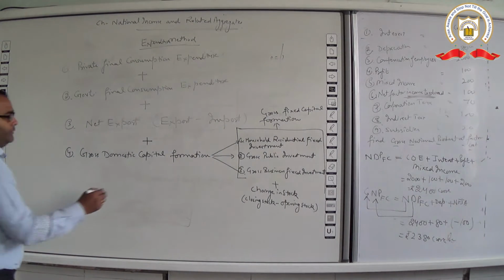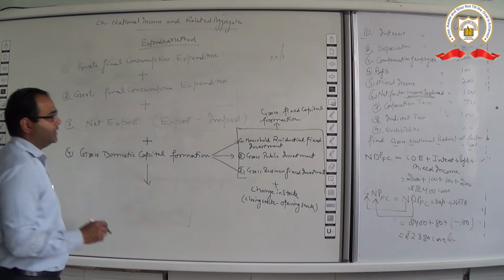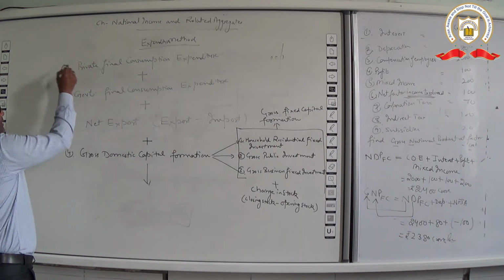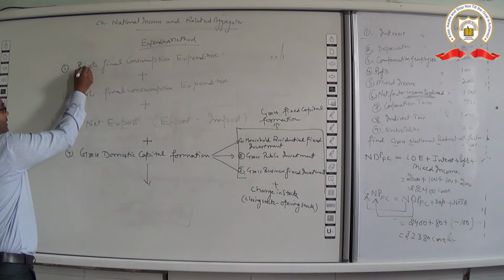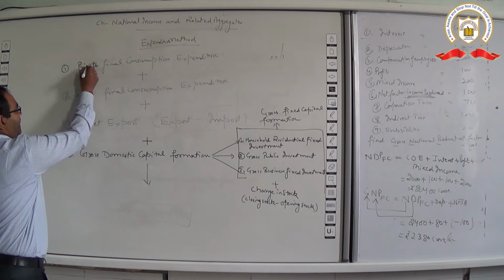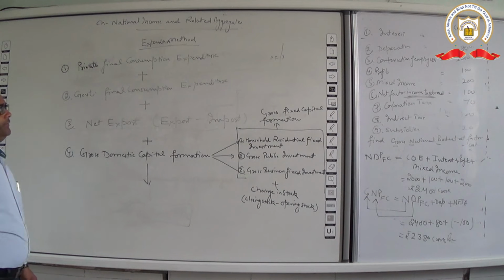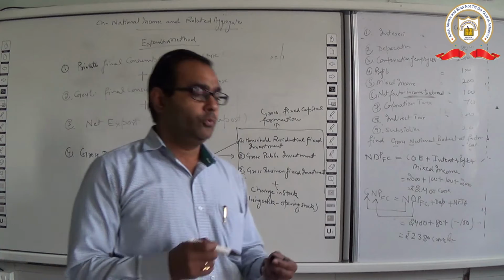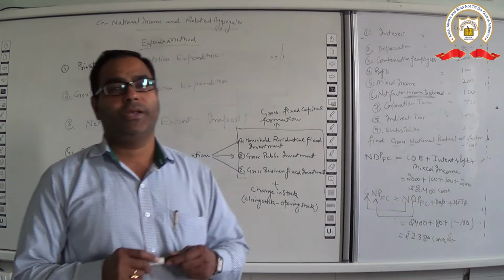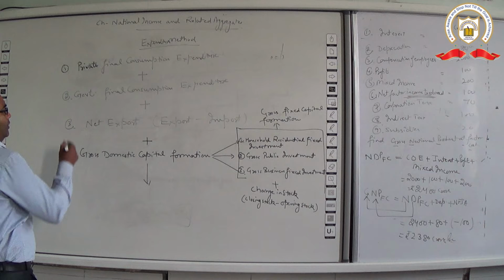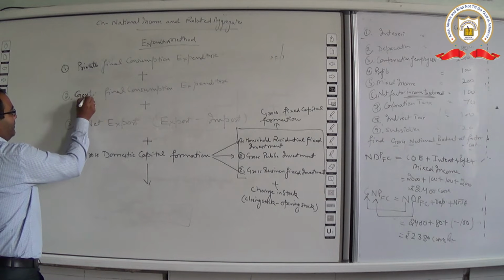Now again we are going to discuss the different components under the expenditure method. First is private final consumption expenditure, which means the expenses incurred by households to purchase goods and services to meet their requirements. Second is government final consumption expenditure.